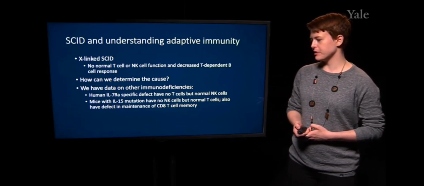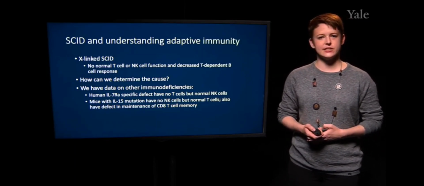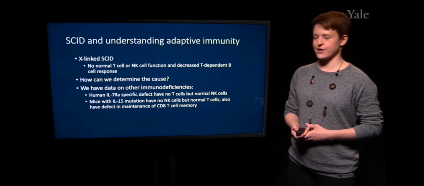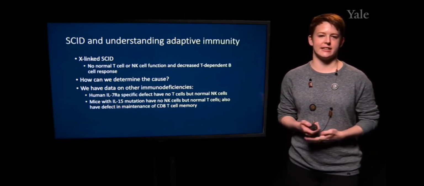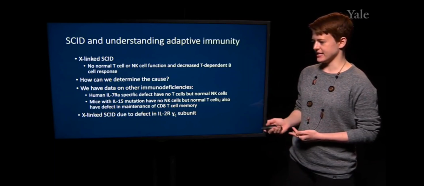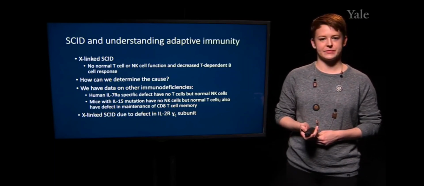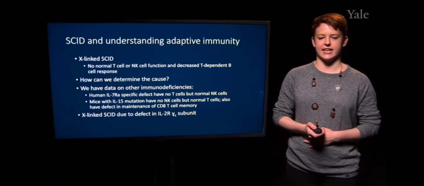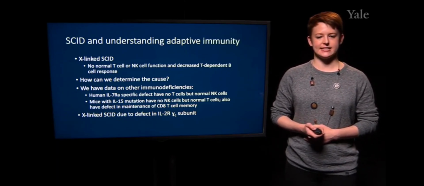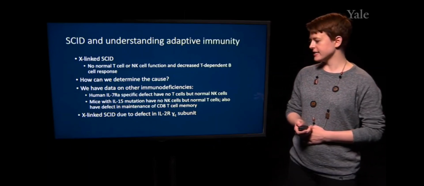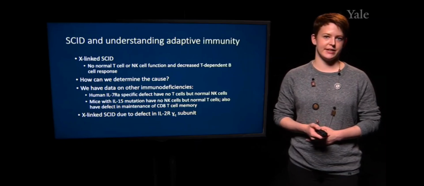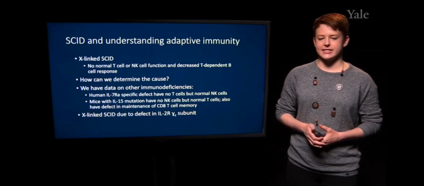Okay, so with this information, and thinking back to the things we know about T cells and the receptors, particularly the IL-2 receptor gamma C subunit, we can determine that X-linked SCID is due to a defect in this subunit. And if we look back at our data, we see that defects in IL-7 receptor alpha and IL-15 show some of the phenotypes of the X-linked SCID.